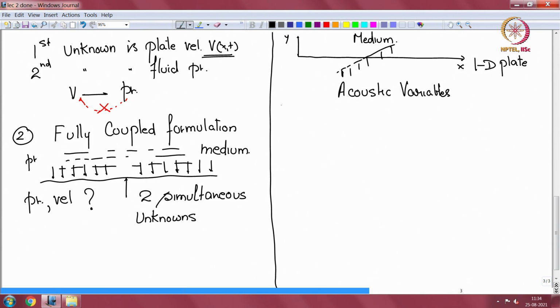Rho 0 is the mean fluid density. c is the sonic velocity, the sound velocity.